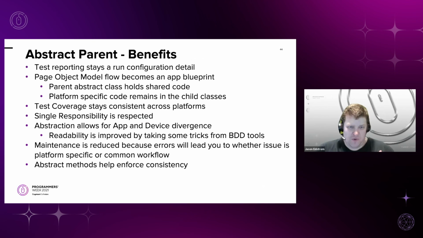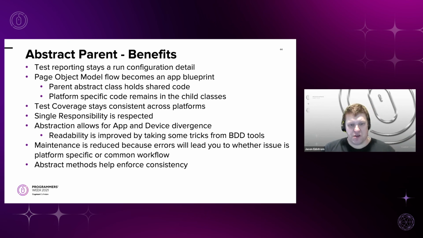And the benefits of it: we still have the configuration detail piece that we've had ever since the conditional. The page object model throw becomes that app blueprint. So we have the abstract parent for the shared code, and the specific code in the child classes, we get that single responsibility. The test coverage stays synced across all platforms.